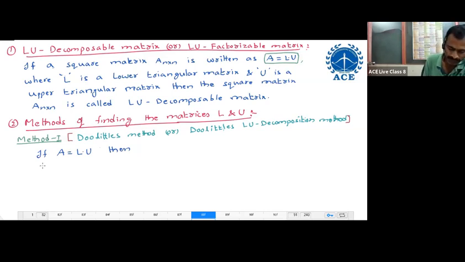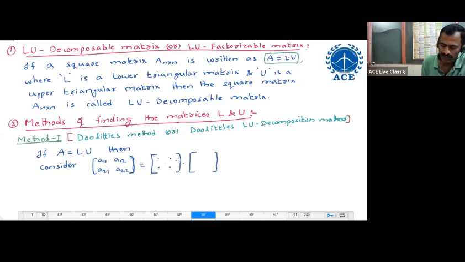consider A11, A12, A21, A22 equal to a lower triangular matrix into an upper triangular matrix.